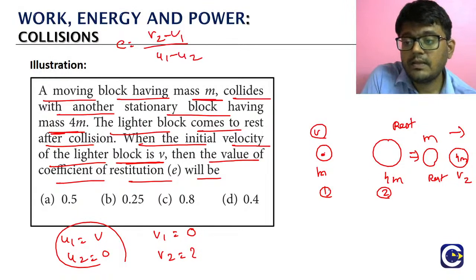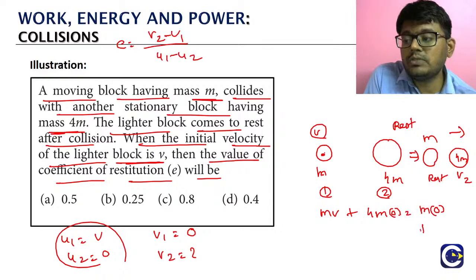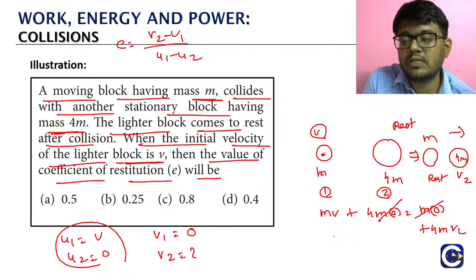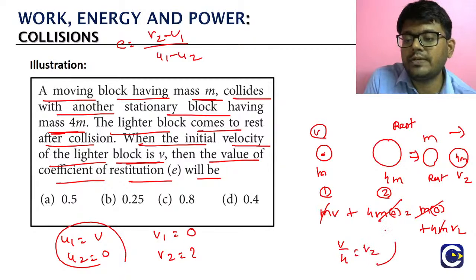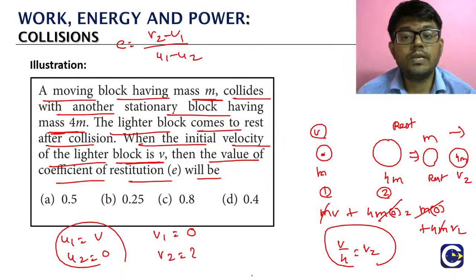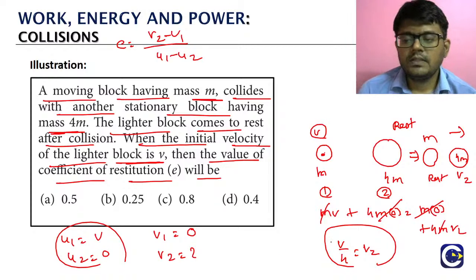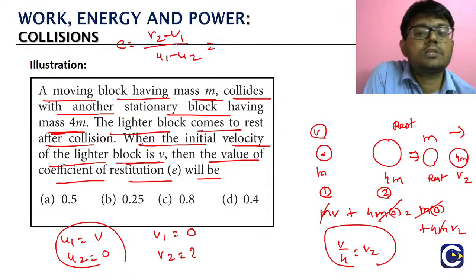Apply it. m into v plus 4m into 0 is equal to m into 0 plus 4m into V2. The zeros will cancel off, and m will be cancelled. So v by 4 is equal to V2. What is the V2 value? v by 4. Now we just substitute.